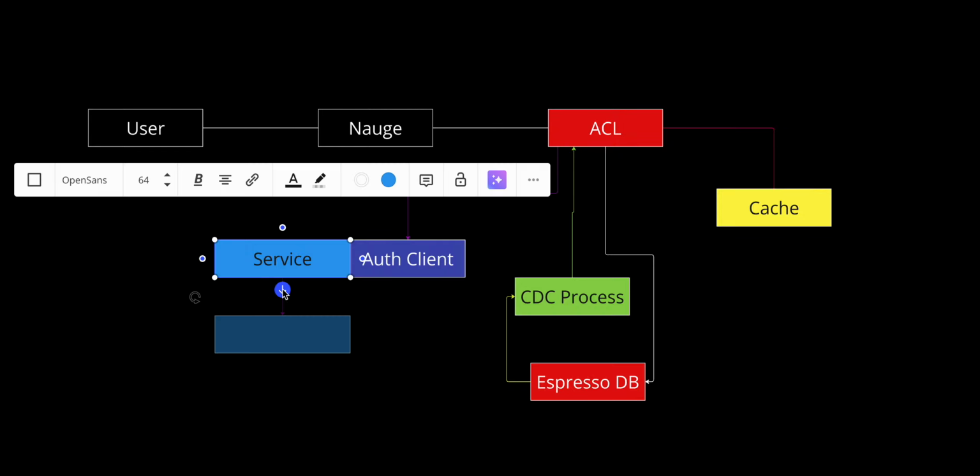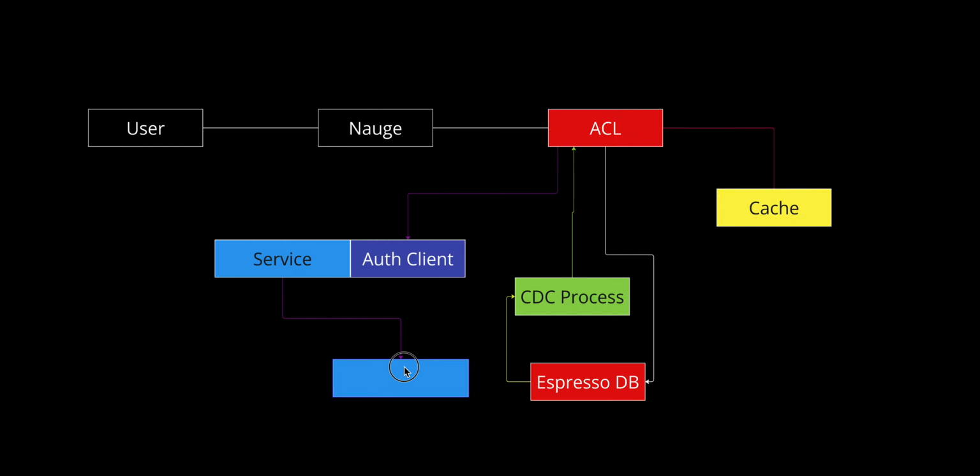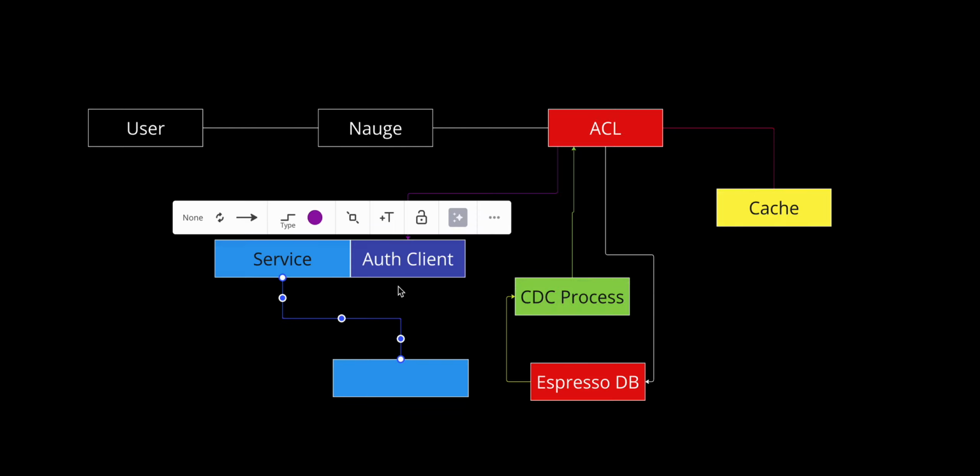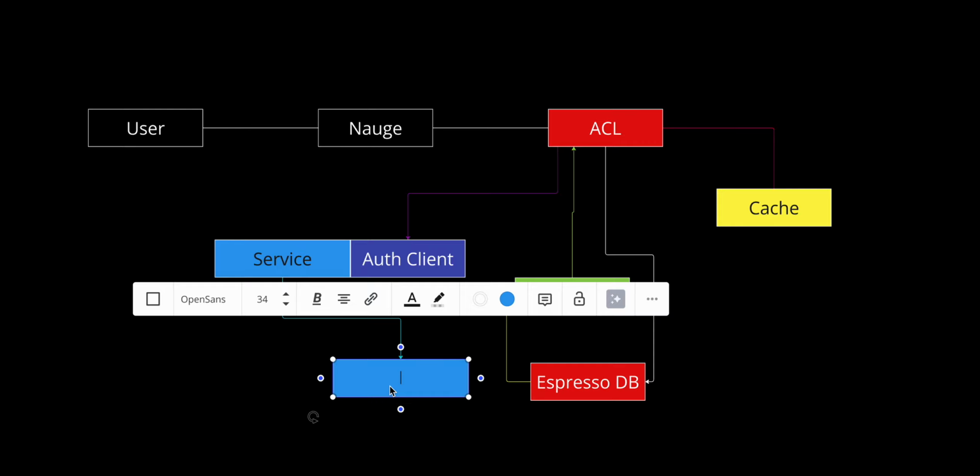And this service is connected with the Kafka service. Why does it always get that small? I don't like that.